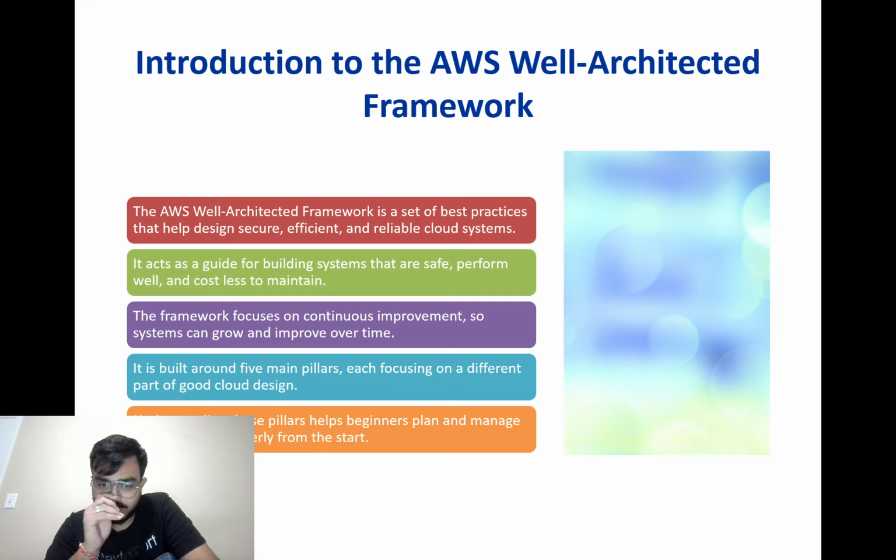So this framework helps us understand what works well in the cloud and how to avoid mistakes that could cause problems later. It's built around five main pillars. Each pillar focuses on a different part of cloud architecture. Once we understand these pillars, we can design AWS systems that perform better, cost less, and stay safe even as they grow.